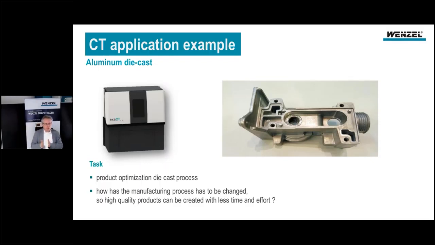Okay, so one example in the aluminium die cast here. There's always a question about the product optimization and the die cast process. How should the process and the manufacturing be changed so that we have high quality products with less and less time and less effort? This is a typical task in the die cast process.